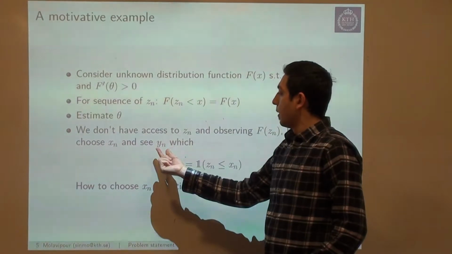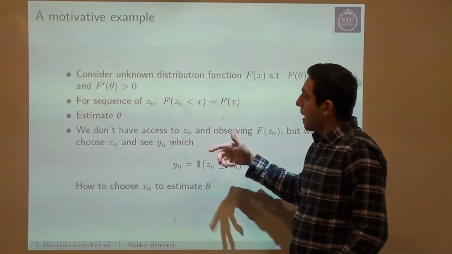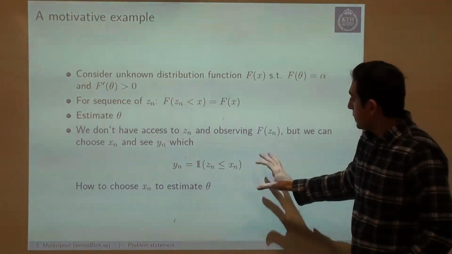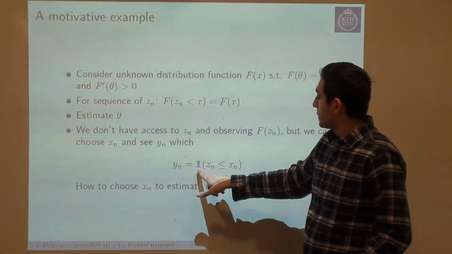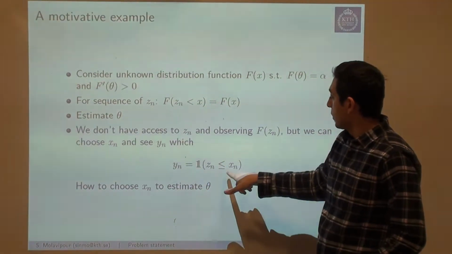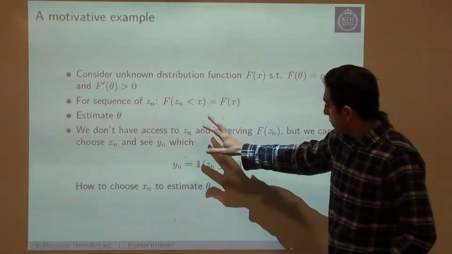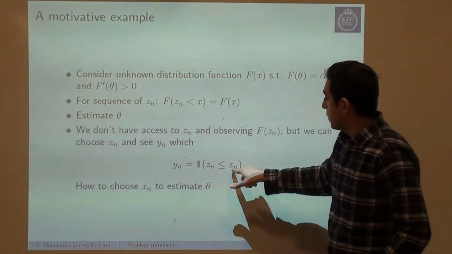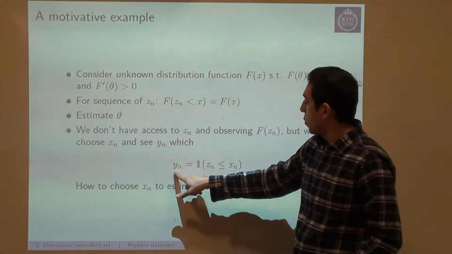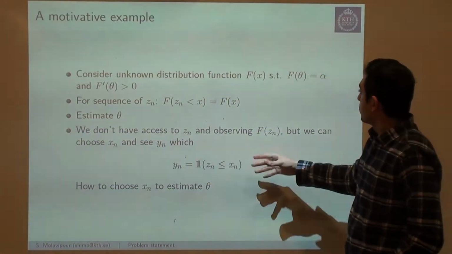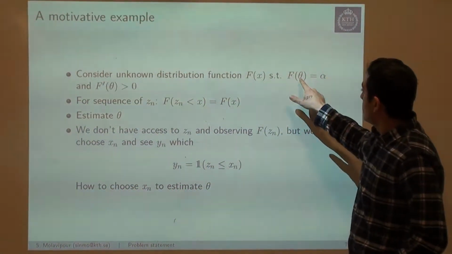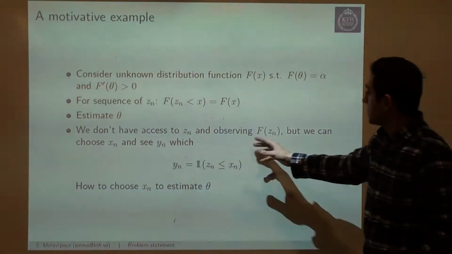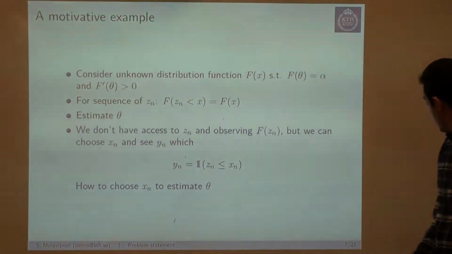This looks like a noisy version of f in the previous example, but we characterize this yn as, let's say, the indicator that zn is smaller than xn. So we are not seeing zn exactly, but we can experiment on xn and observe yn. What we're interested in is finding this theta, the solution of f of theta equal alpha, without doing the experiment on zn.